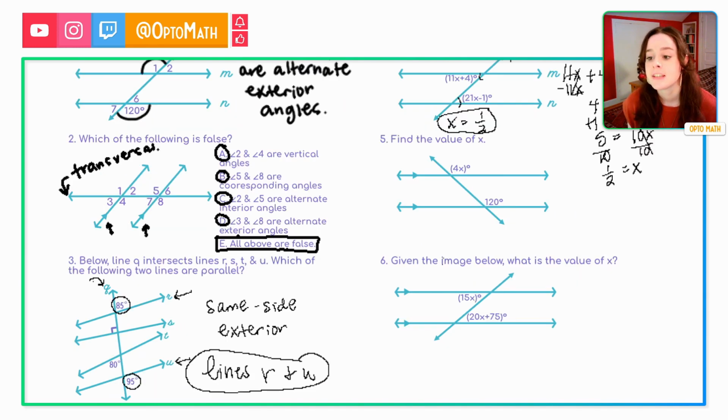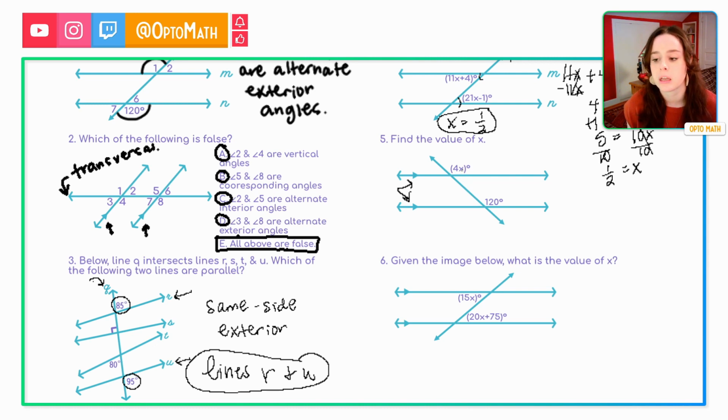Number 5. Find the value of x. We know that these are parallel because of these arrows. The arrows showing that they're in the same direction mean they're parallel. So we can apply the congruent or supplementary relationships to this problem. 4x and 120 are both in the top right corner of their cluster. They're the same spot, different cluster.